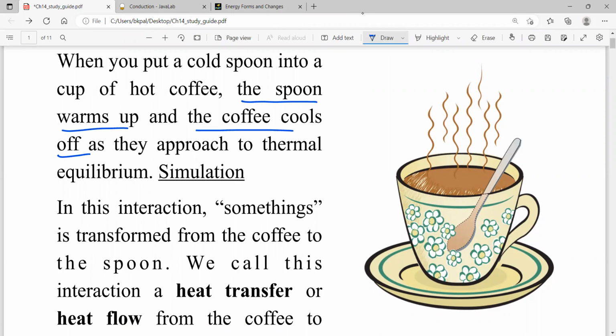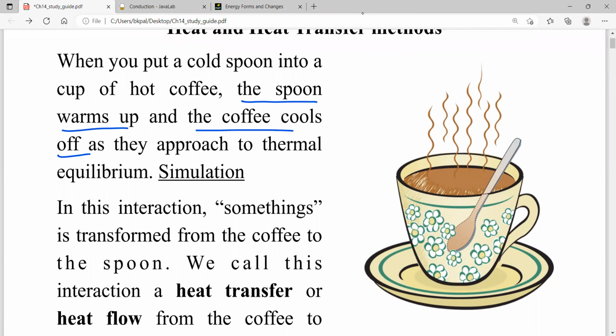We already saw this when you learned about thermal equilibrium, right? When two objects at two different temperatures are in contact with each other, at some point their temperature becomes the same.